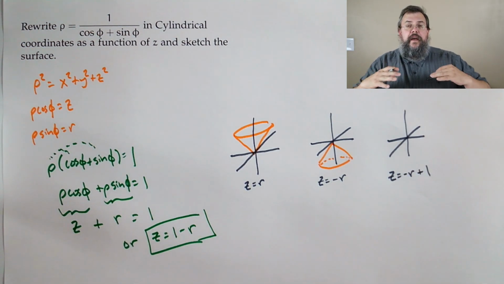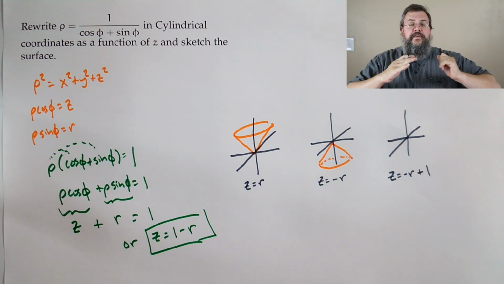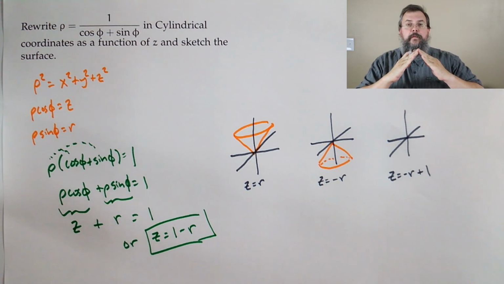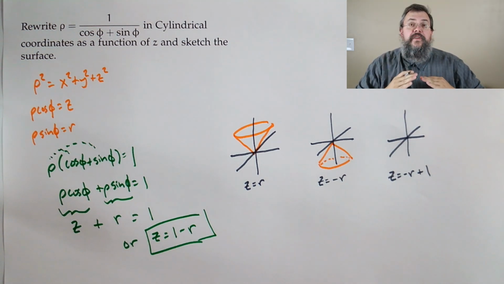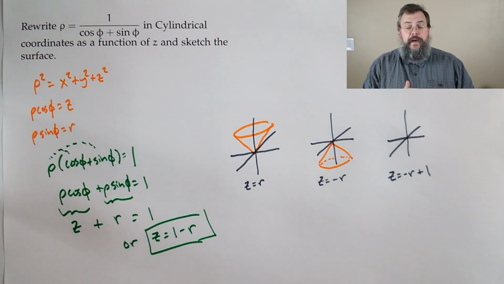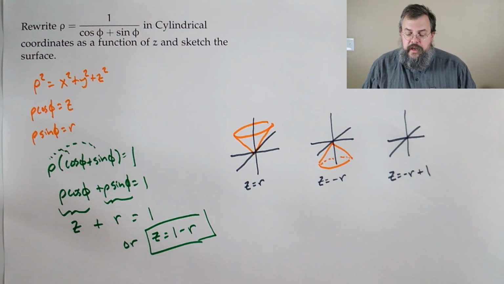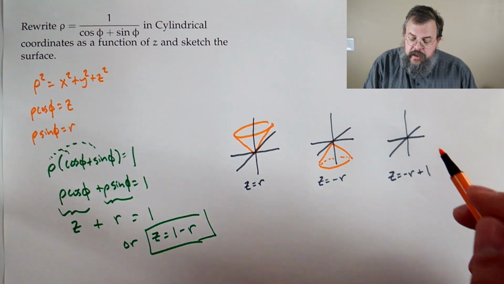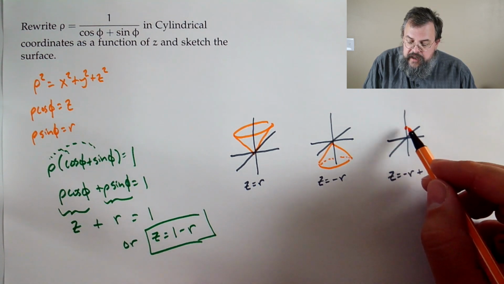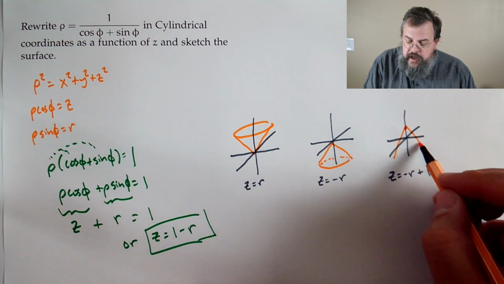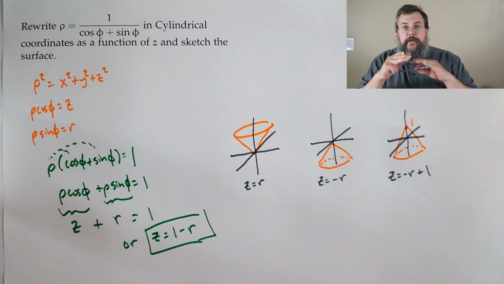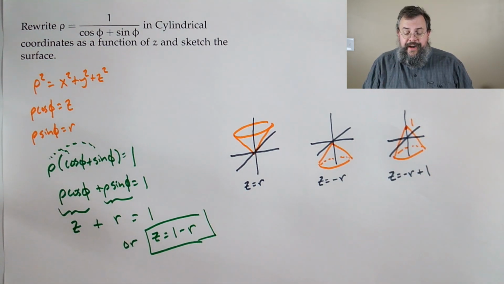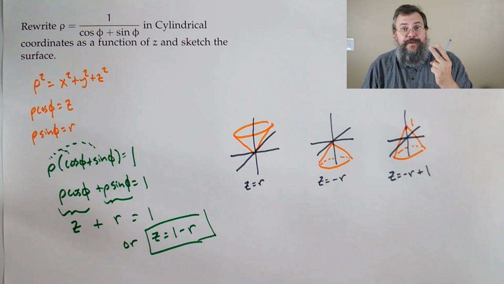Well, that says everything that you see with z right now increased by 1. So the effect is, if we're here, we go up. So it's a vertical shift up. So z equals minus r plus 1 looks like an upside down cone where you start here at 1 and then you open down.